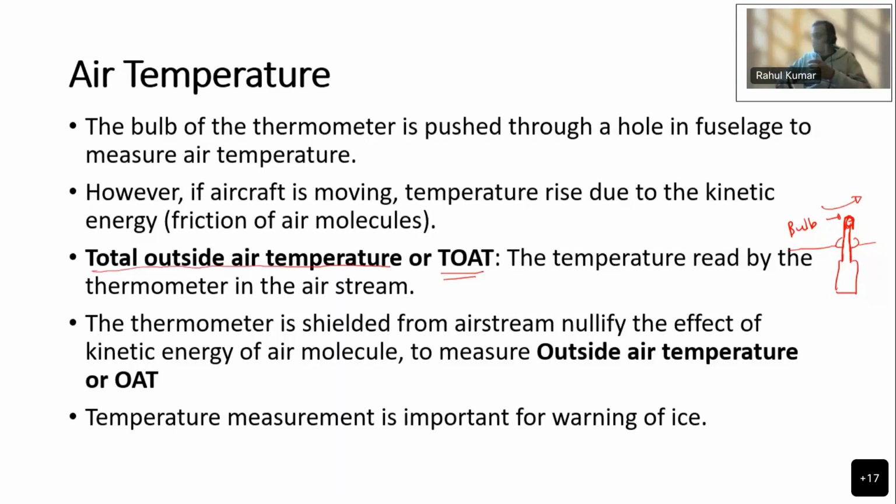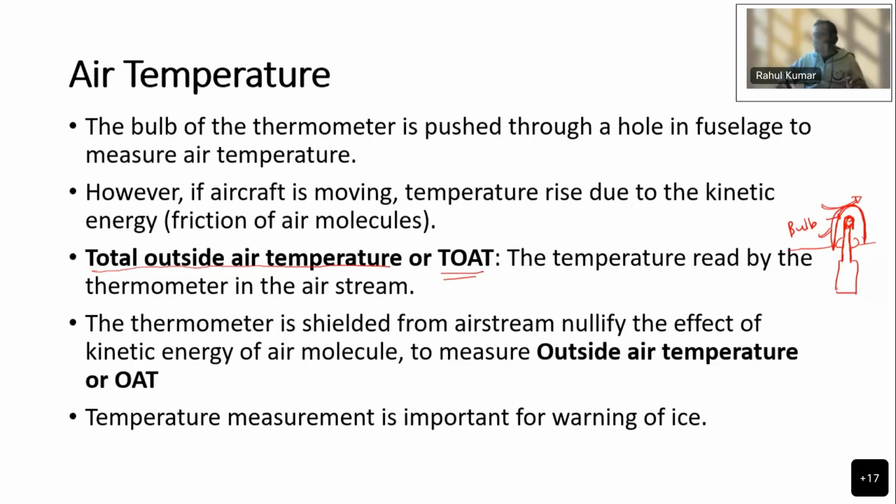In the first case, your air will produce some friction, and because of that your temperature will be higher. So what we do is we cover this thermometer. To avoid additional temperature due to kinetic energy, the thermometer is covered or shielded, right?